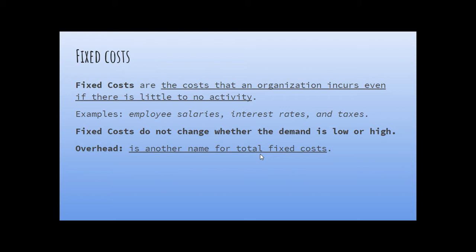And then taxes: everybody pays taxes, and for the majority, everybody pays the same percentage. Fixed costs do not change whether demand is low or high. And overhead is just another name for total fixed cost.